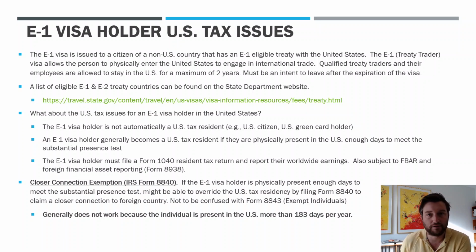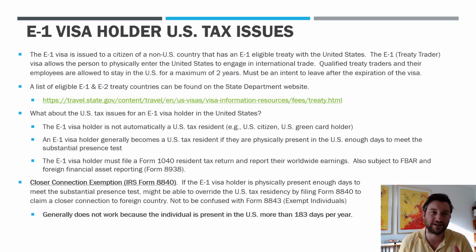So the substantial presence test is a 183-day calculation, but it's current days in the current year, and then it's a portion of the days from the prior 2 years, right? And so what'll happen here is if you are, let's say, more than 120 days in the year, but under 183, you might meet that substantial presence test, and you can perhaps override it through the 8840.